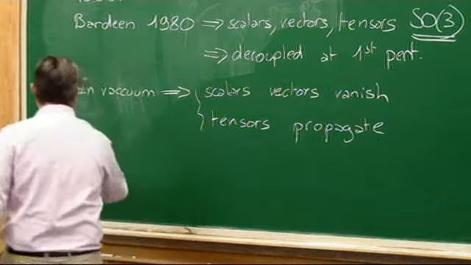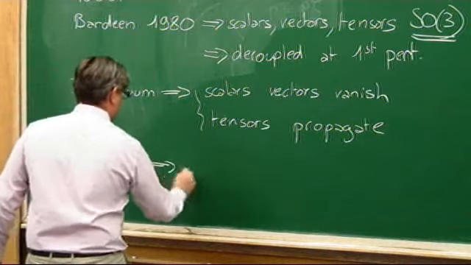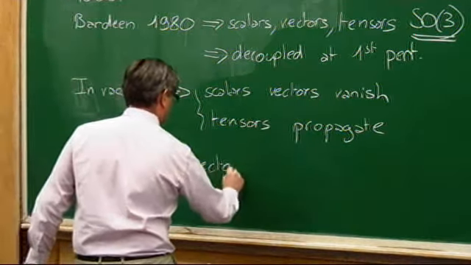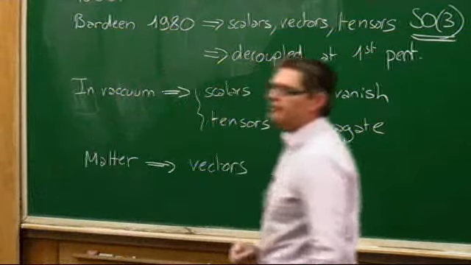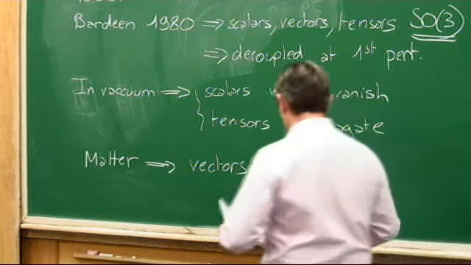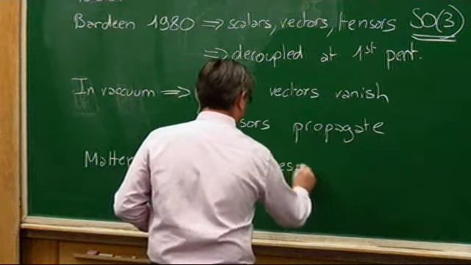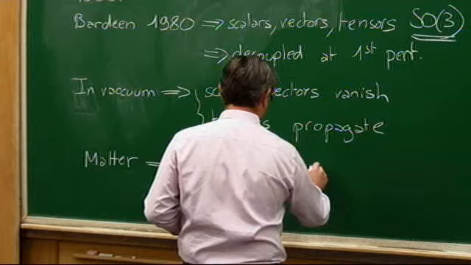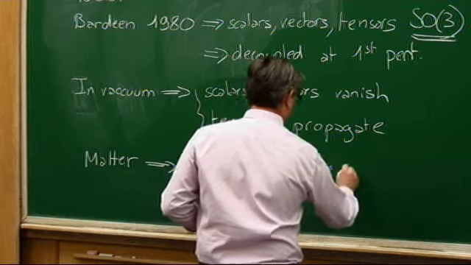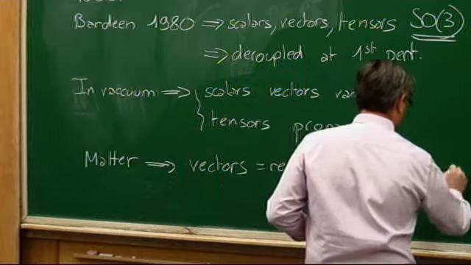And indeed, in presence of matter, the vectors show you how the metric reacts to the presence of matter with a rotational distribution, with vorticity. So the vectors represent the response of the metric to vorticity.